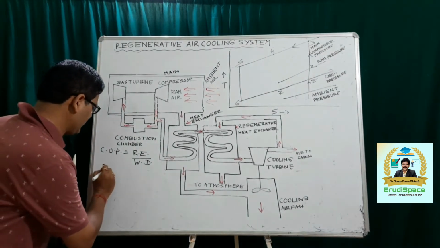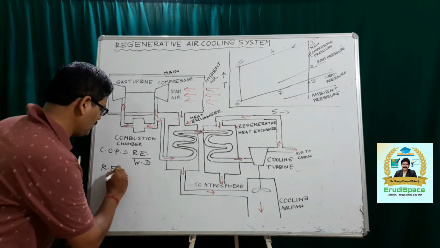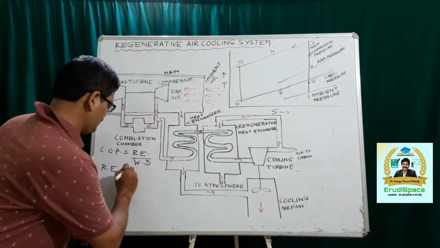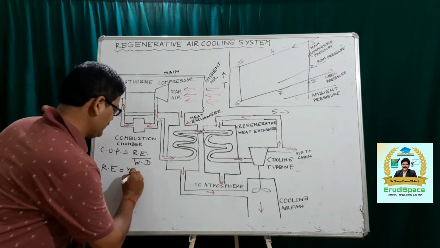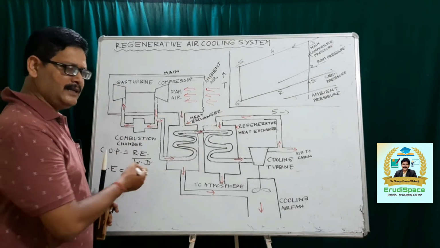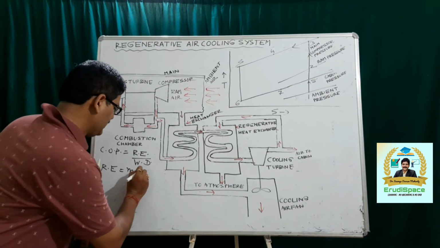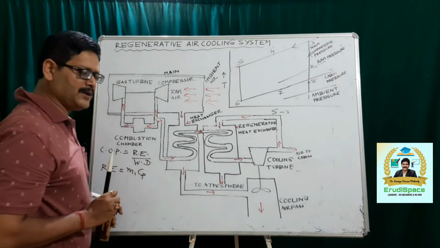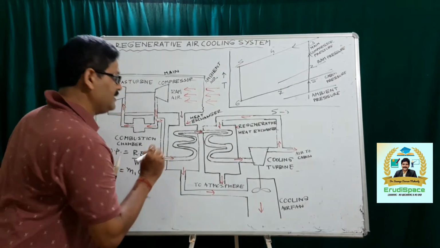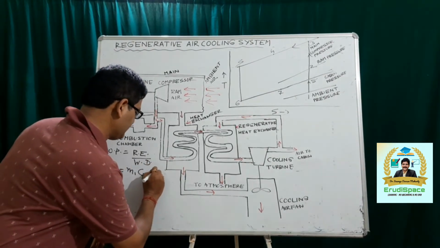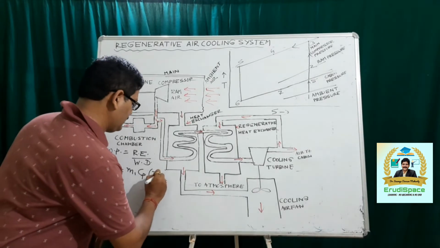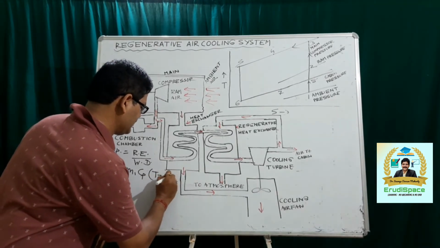The refrigerating effect will be equal to the mass of air that is entering, let it be M1, multiplied by specific heat at constant pressure, multiplied by the temperature difference, which is in fact your T7 minus T6.